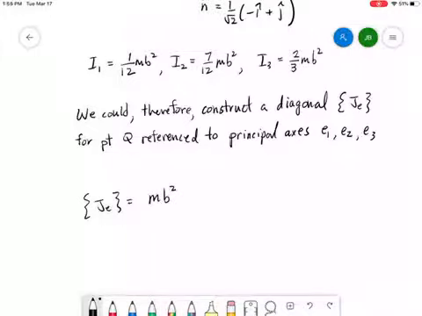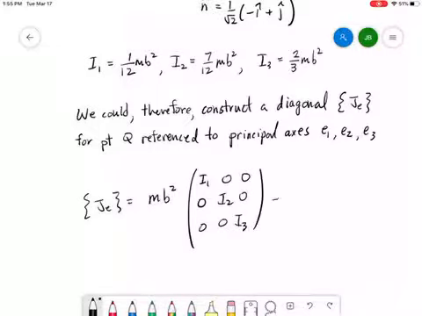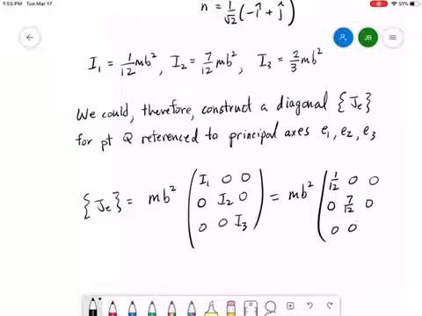So it's mb squared, and then it's just going to be I1, 0, 0, 0, I2, 0, 0, 0, I3, or it's mb squared times 1 over 12, 0, 0, 0, 7 over 12, 0, 0, 0, and 2/3.